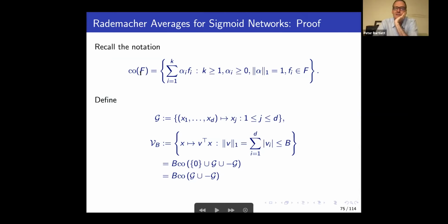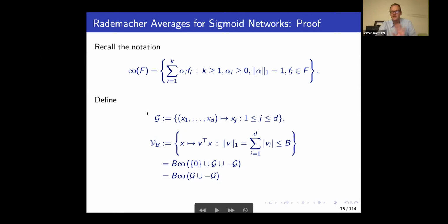The convex hull of a class of functions is the set of convex combinations of functions from that class, right? So these alphas are non-negative and they have a one norm of 1. They sum up to 1.